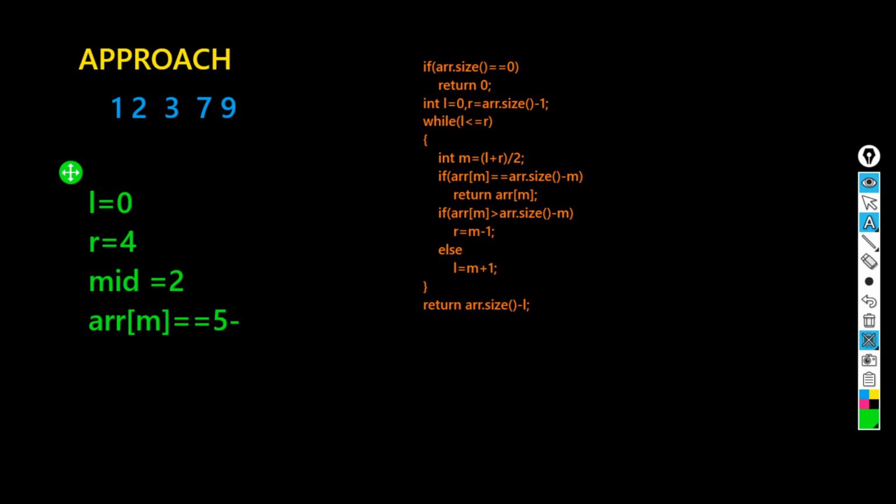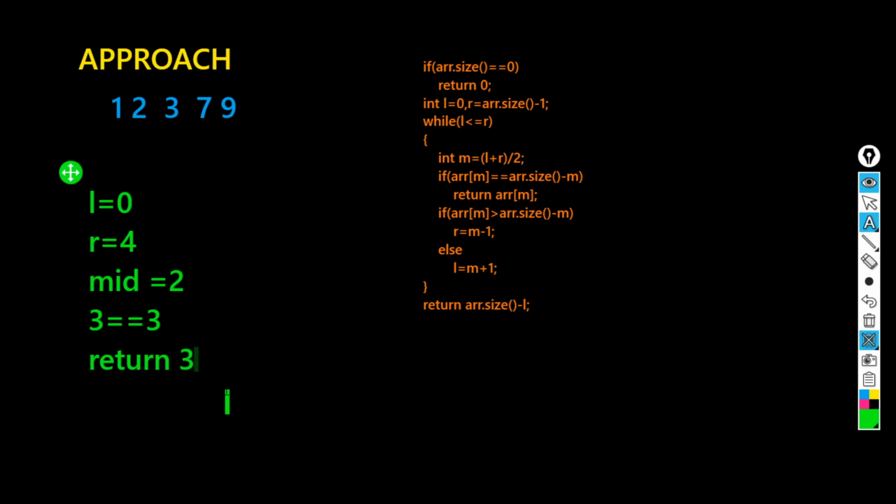It will be 5 minus 2, which equals 3. Here the value is also 3, so 3 is equal to 3, so we will return h equal to 3 as the answer. Why? Because we have 2 elements which are less than 3, so the condition becomes true.